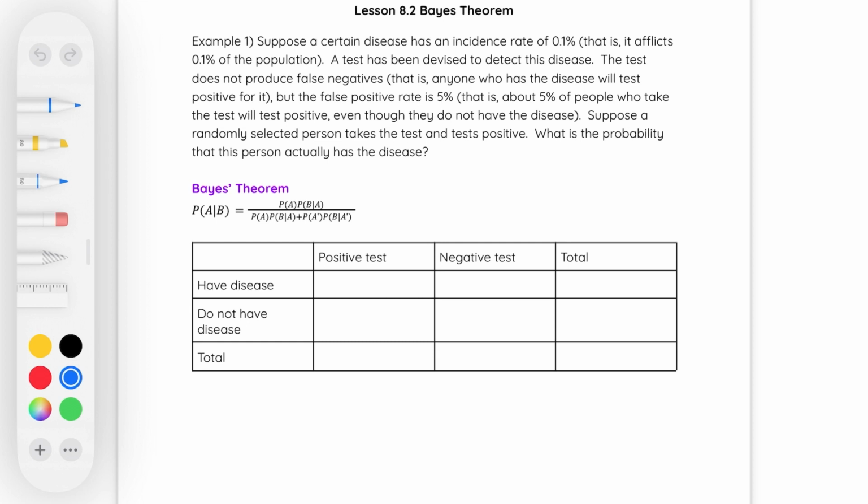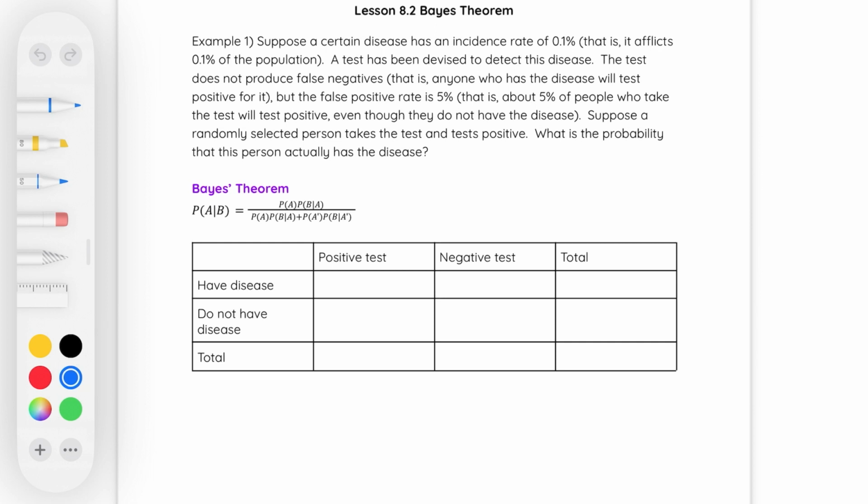But the false positive rate is 5%. That tells us that 5% of people who take the test will test positive even though they do not have the disease. Suppose a randomly selected person takes the test and then tests positive. What is the probability that this person actually has the disease?